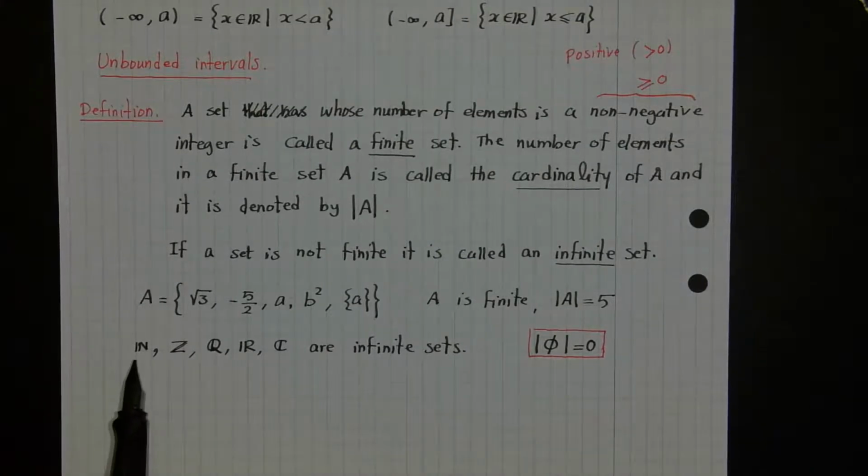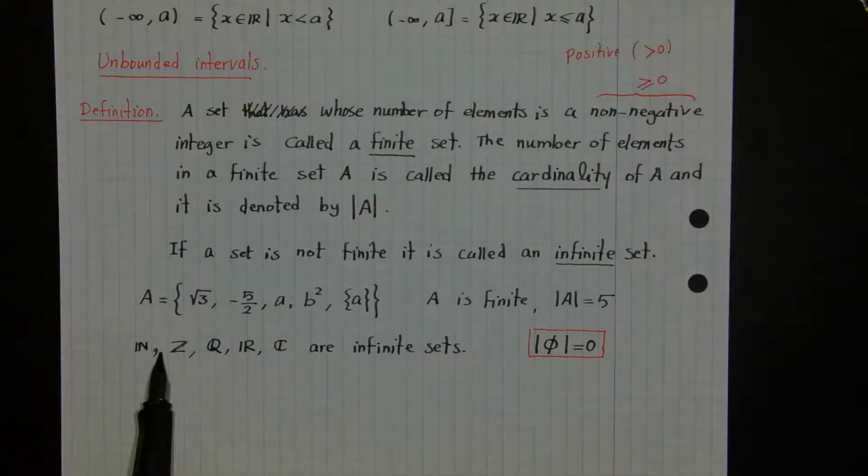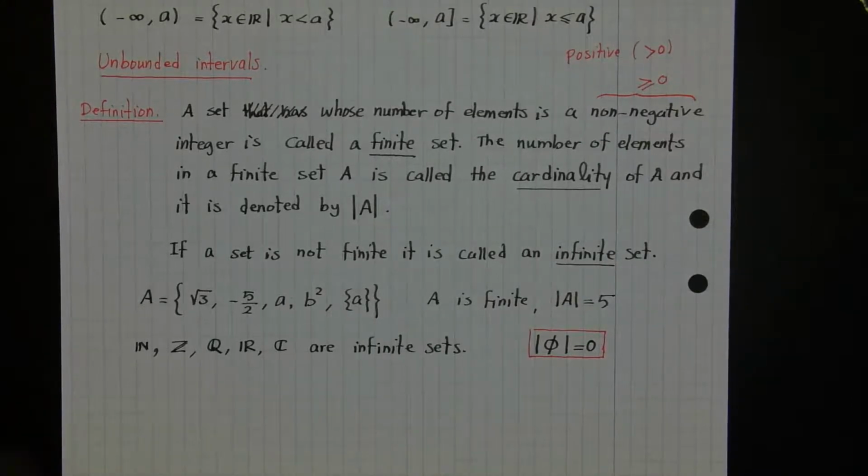You might have the feeling that the number of elements in N is less than the number of elements in Z. Of course, the notion of having a smaller number of elements is a little bit misleading here, because both of them have infinitely many elements. But intuitively you feel that whatever infinity this one is, this infinity should be 2 times larger. But 2 times infinity is also infinity. So you might feel that Z is bigger, with bigger in quotation marks.